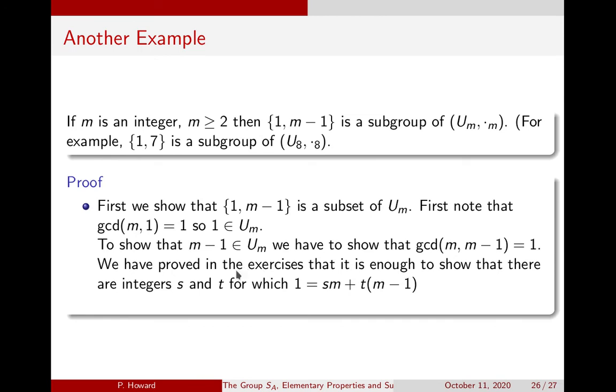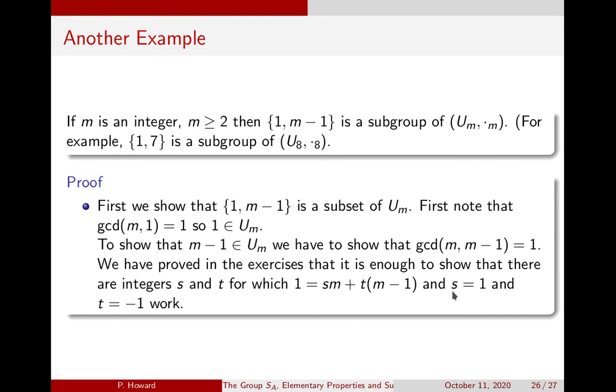And we have proved a few weeks ago in the exercises that to show that the greatest common divisor of two numbers is 1, it's enough to show that there are integers s and t for which 1 is equal to s times the first plus t times the second. And in this case, it's fairly easy to find an s and a t that work.